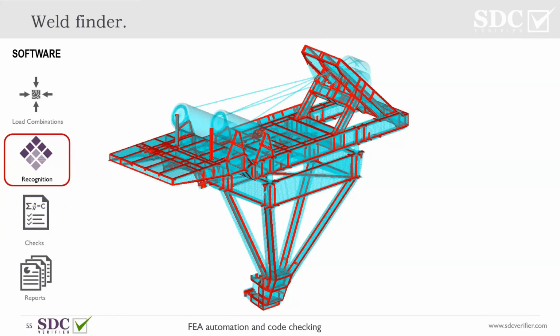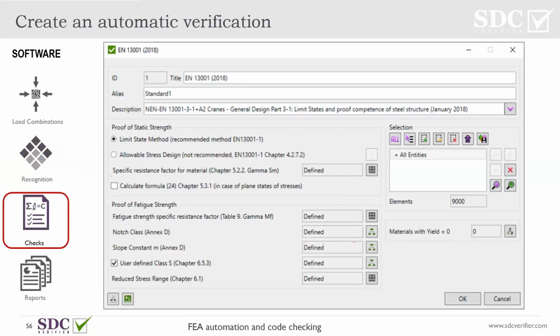In 99% of cases, you don't have to do any changes afterwards as soon as your welds are recognized, but this is also customizable. You might say, okay, I want an additional weld somewhere here because somebody damaged that, and I simply add it there. And at the end, you need to properly give an input to the software.